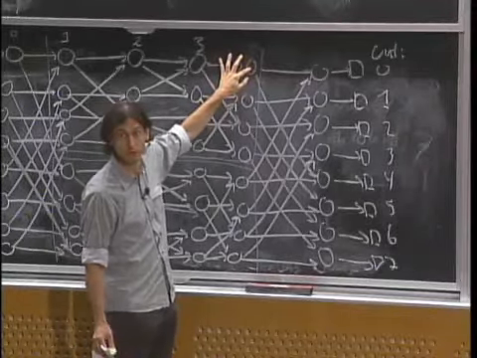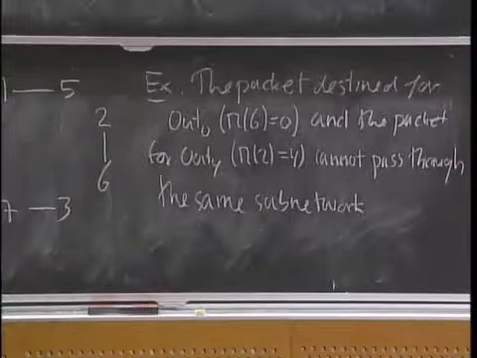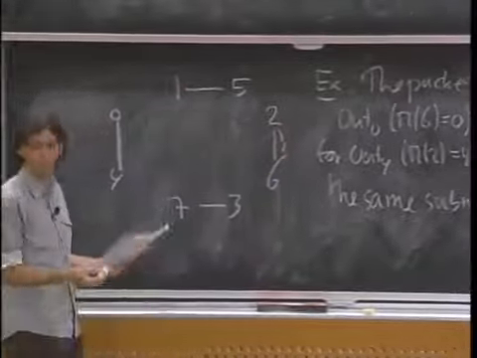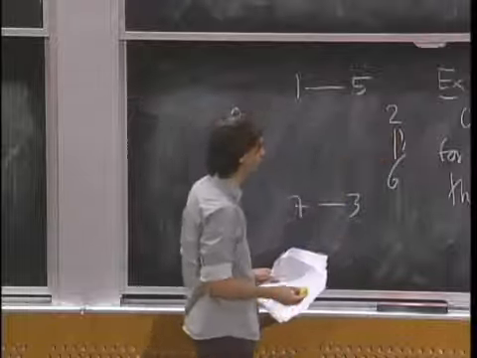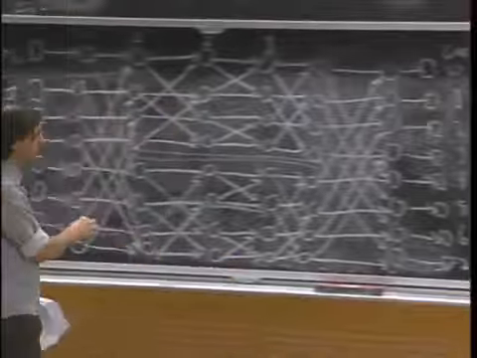The constraint says that packets 2 and 6 cannot go through the same subnetwork. So we essentially have another edge over here. We already had the constraint, but it's just the same edge. So let's look at the other constraints that we have.